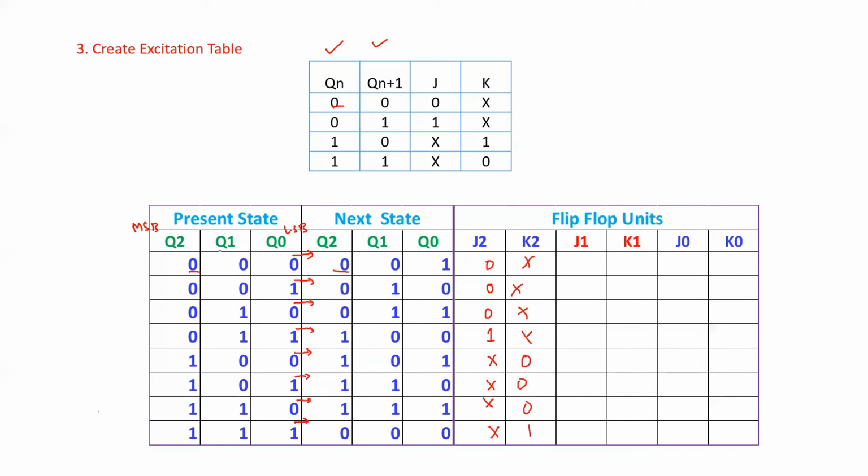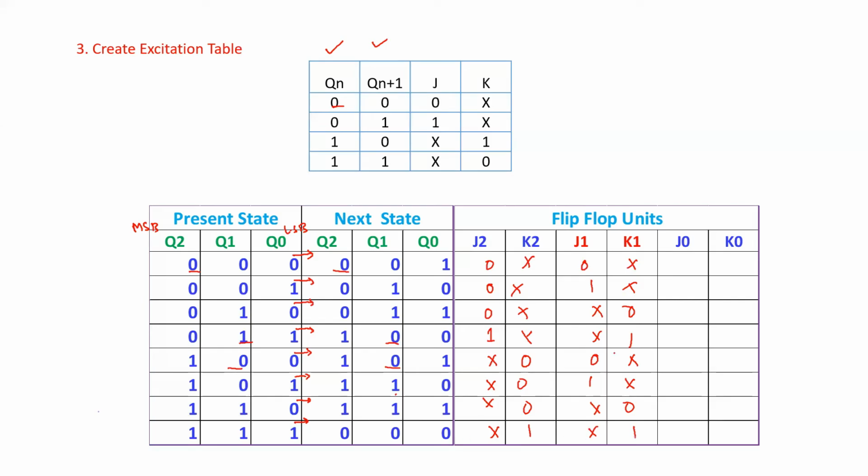So now this is Q1. So 0 0, 0 don't care, then 0 1, 1 don't care, then 1 1, don't care 0, then 1 0, don't care 1, then 0 0, 0 don't care, then 0 1, 1 don't care, and then 1 1 will be don't care 0, and last is 1 0, don't care 1.